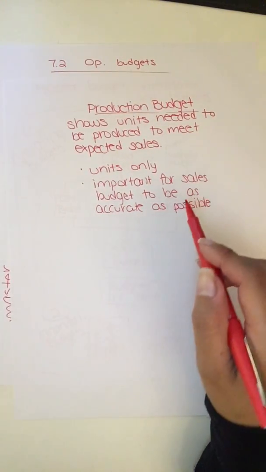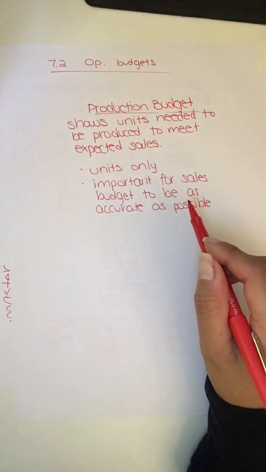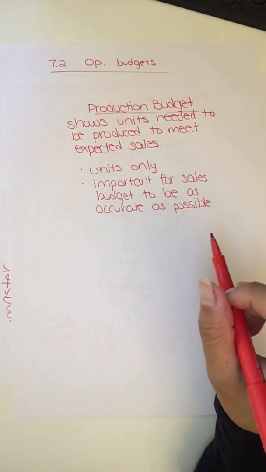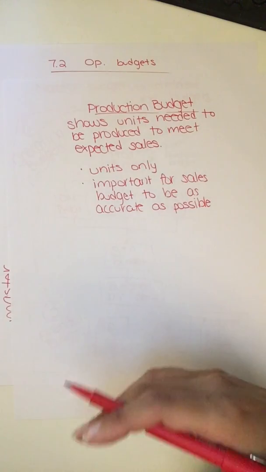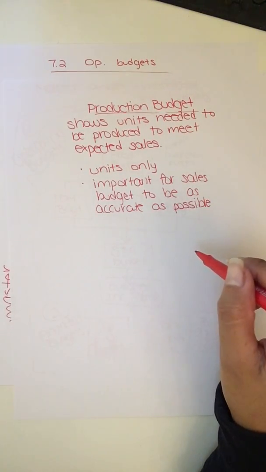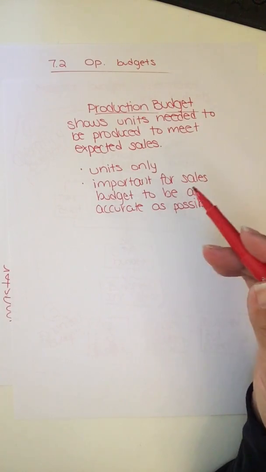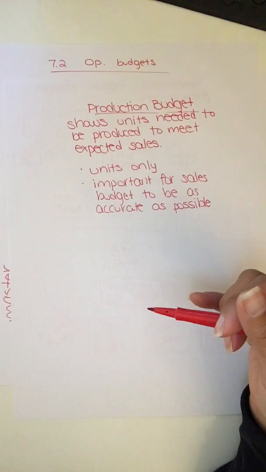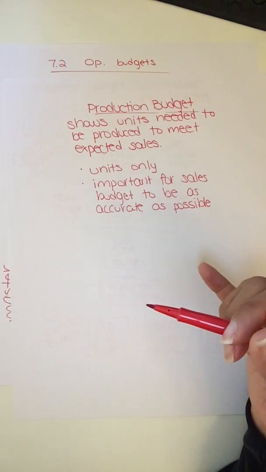If sales is overly optimistic, right? If their research says they're only going to sell 100,000 units, but they, for whatever reason, are optimistic that they could sell 200,000 units, then we're going to produce 200,000 units. And if we don't have a venue to sell those, it's going to lead to overproduction, and overproduction has a lot of costs associated with it, right?